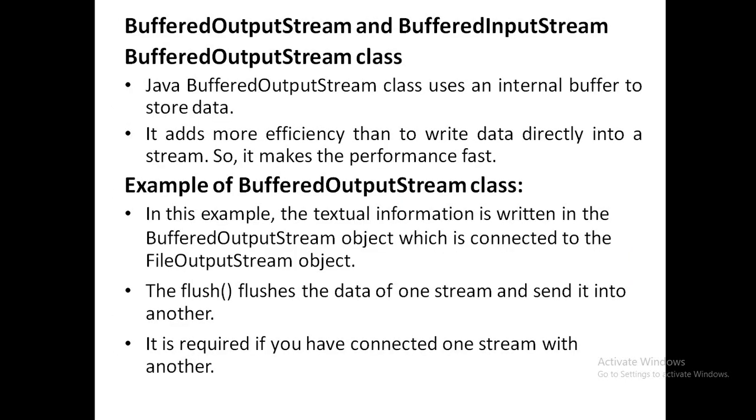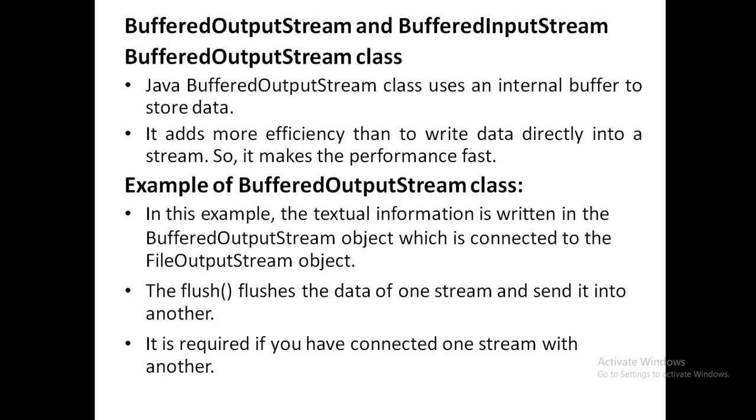Buffered output stream and buffered input stream. Buffered output stream class. The Java buffered output stream class uses an internal buffer to store data. It adds more efficiency than writing data directly into the stream. Due to this buffering process, the performance is also made fast.